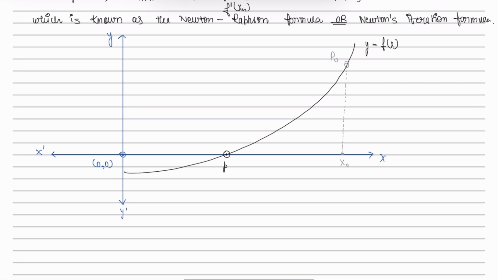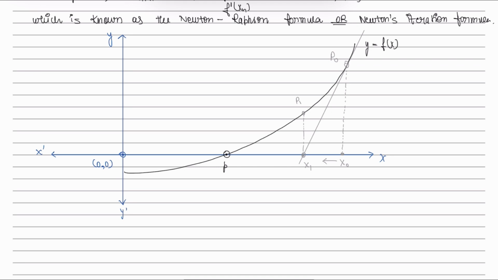Drawing the tangent at that point which cuts the x-axis at the point x1. Now we have moved from the initial approximation x naught to x1, and it cuts f of x at point p1.